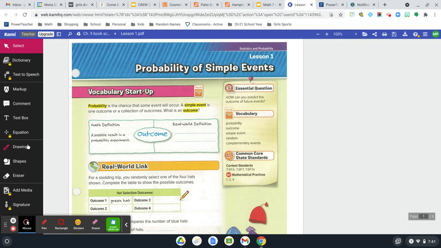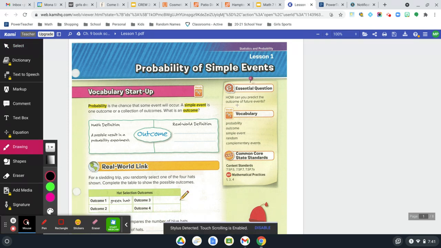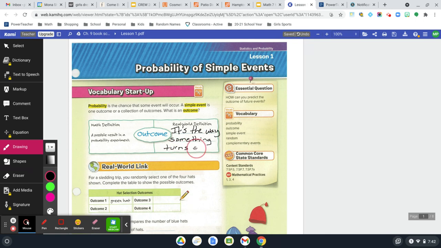I just think about it's the way something turns out. And it could be anything, right? An outcome is just the way something turns out.